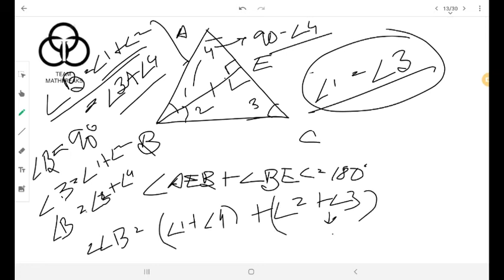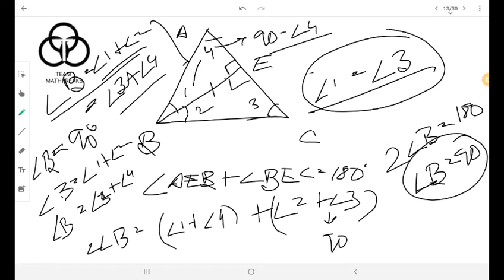This is 90 degrees because this plus this is 90 degrees. Similarly, this plus this is also 90 degrees. So twice of angle B equals 90 plus 90, 180. Angle B equals 90. Is it clear? One angle we got 90. This angle is 90. This is the perpendicular bisector.